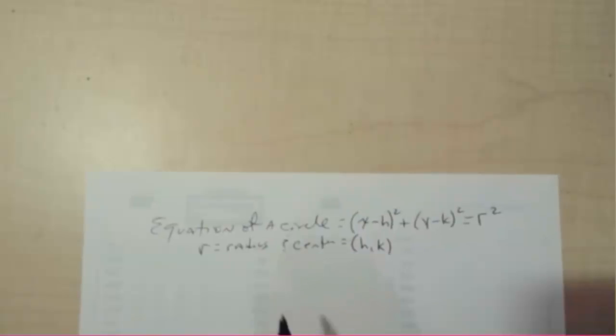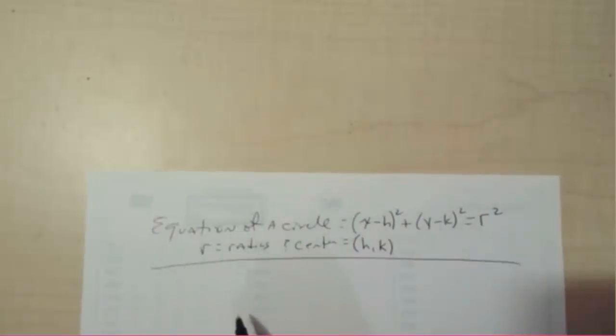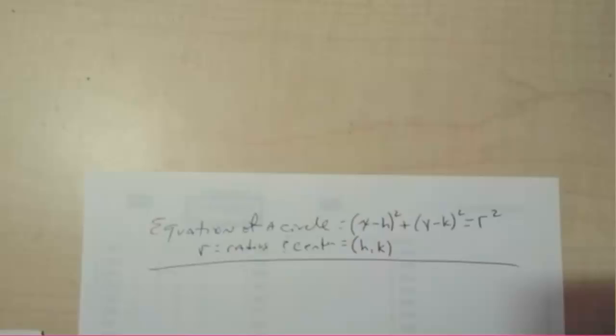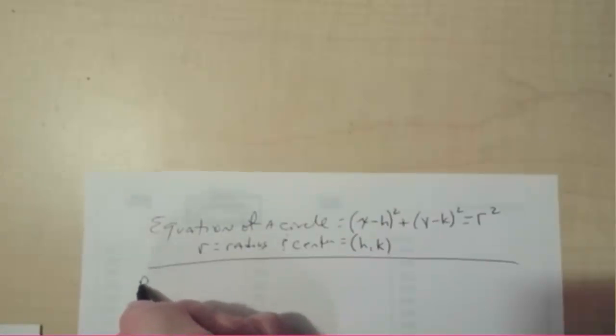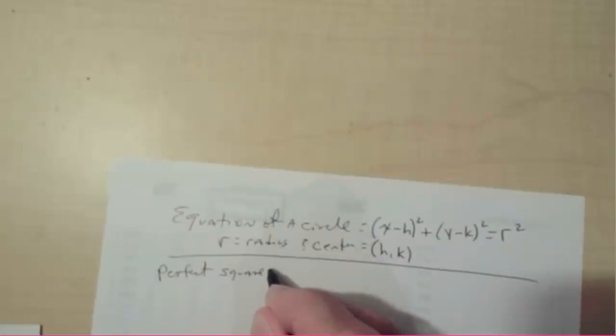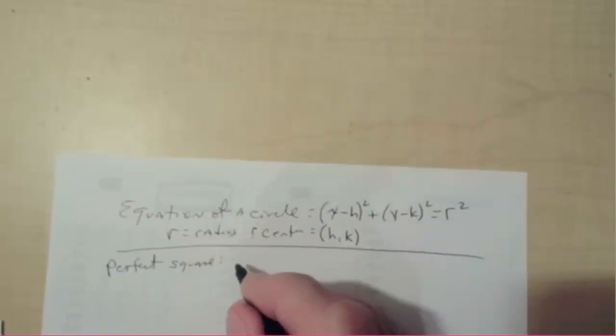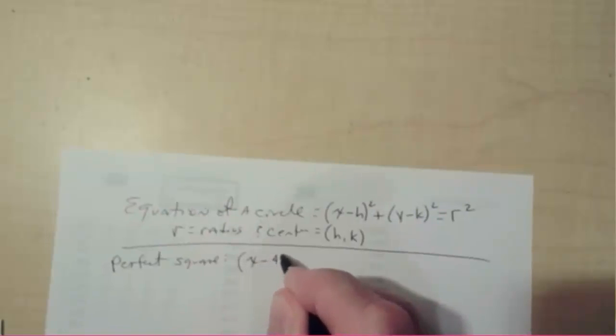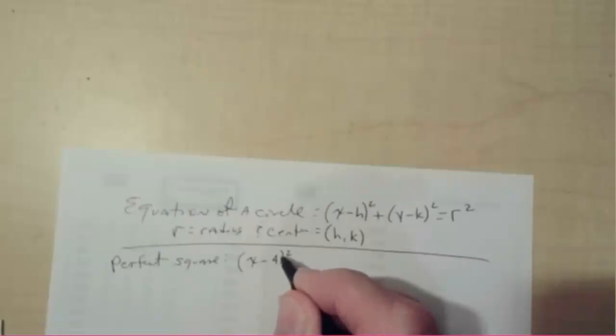Now let me back up and let's talk about what is a perfect square. A perfect square is, for instance, if we have (x minus 4) all squared, what does that mean?